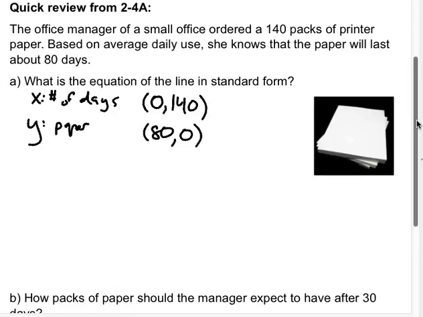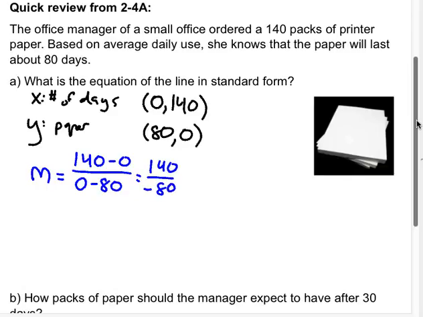So if I want to write this in standard form, well, again, given 2 points, what's the way that I can do this? Well, I can do this by starting in point slope form. For that, I actually need slope though. So subtract the y's, subtract the x's. So 140 over negative 80.